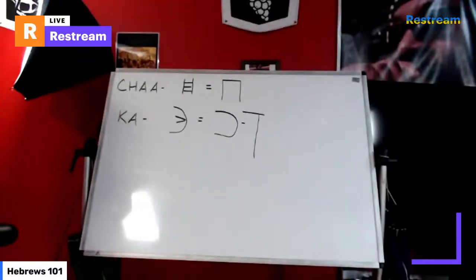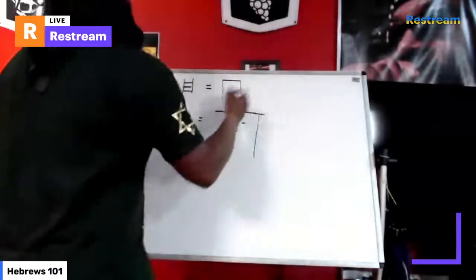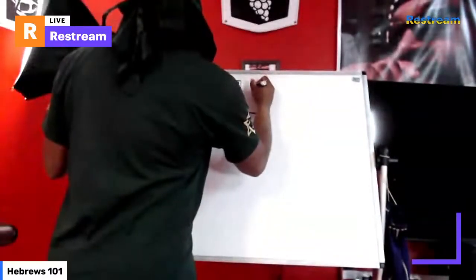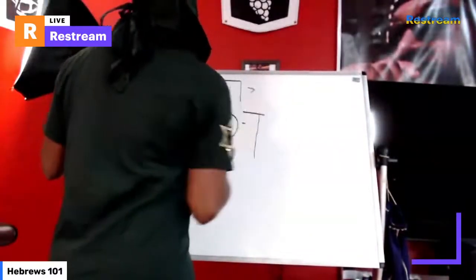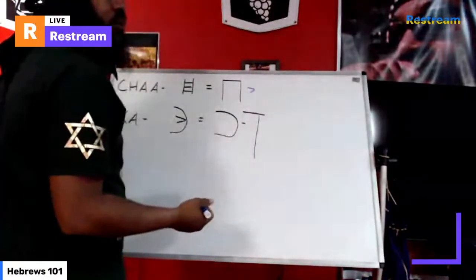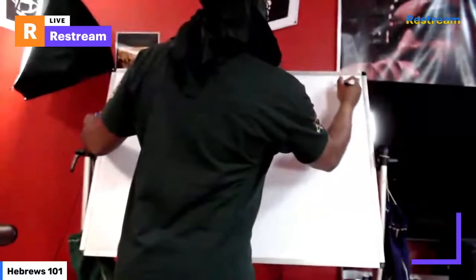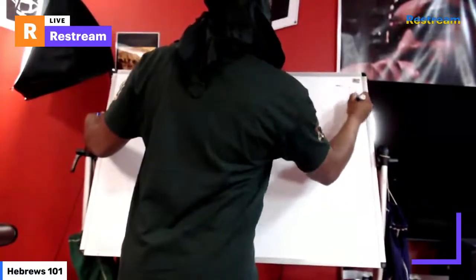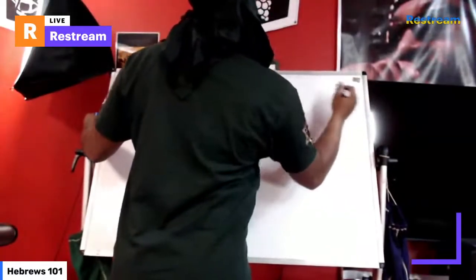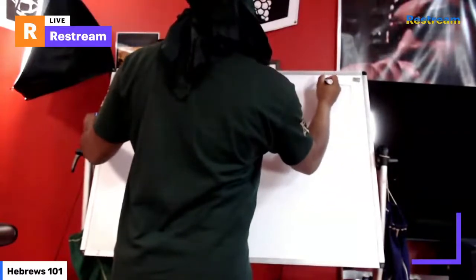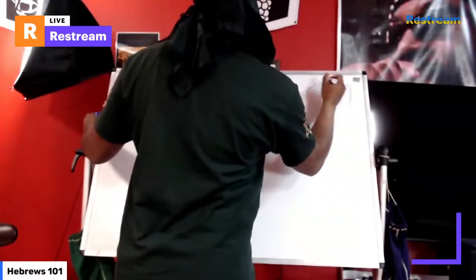So now, let's go up here. We gave the example earlier of Captain Copperton. So here, we'll write it out in Assyrian, Ka and Tazak.